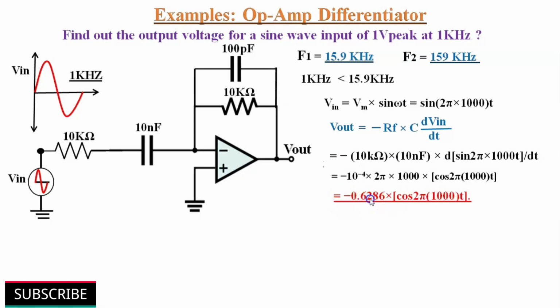The output signal amplitude depends upon the values of feedback resistor Rf, input capacitor C, and also the input signal frequency. If you change the values of these three parameters, our output signal amplitude will also change. Suppose we double the input signal frequency to 2 kHz, then our output will also get doubled.